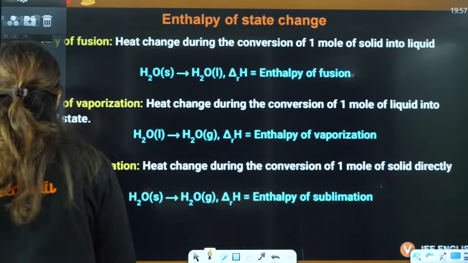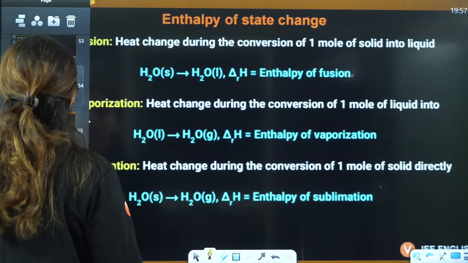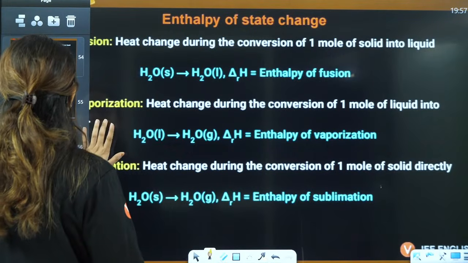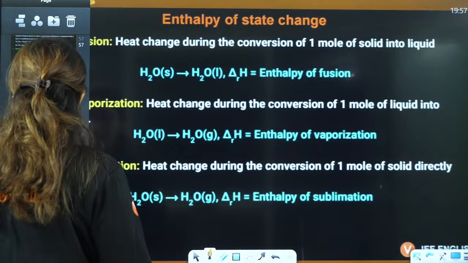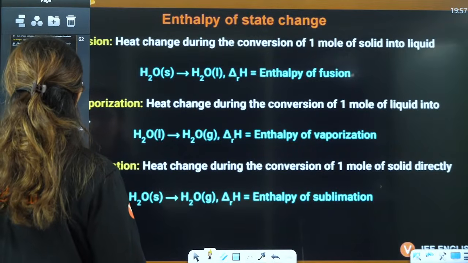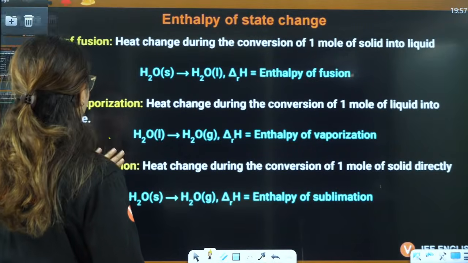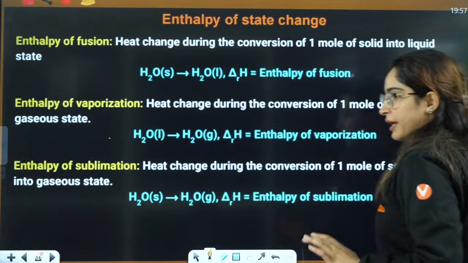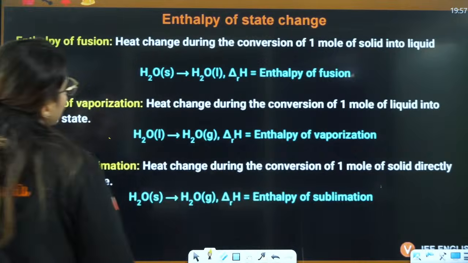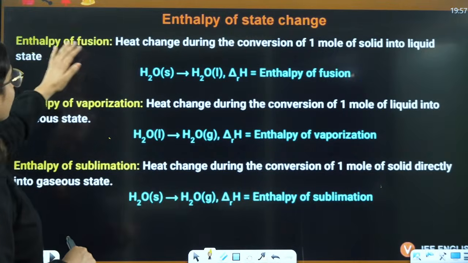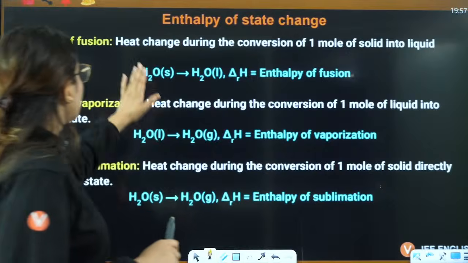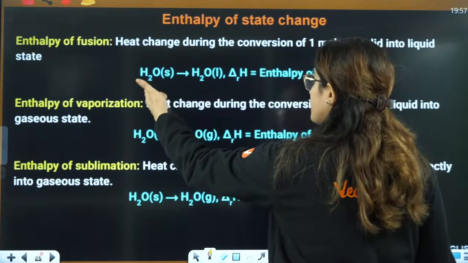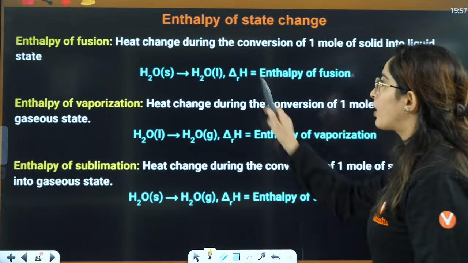Then there is enthalpy of state change. I think after that a lot of questions are going to start. After that we are going to have some really interesting questions. See this, enthalpy of state change. Enthalpy of fusion. What is fusion? Melting, solid to liquid.